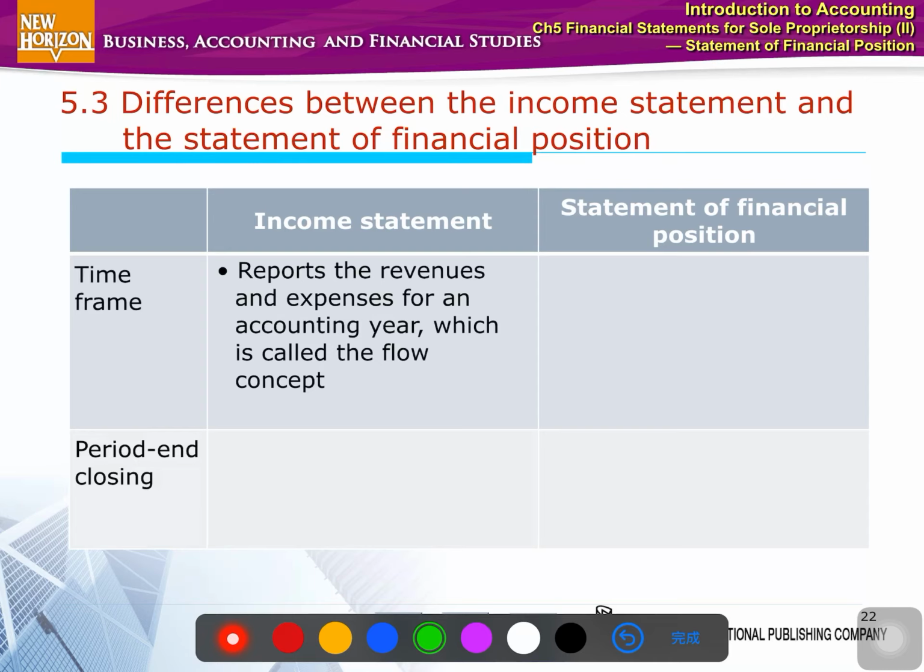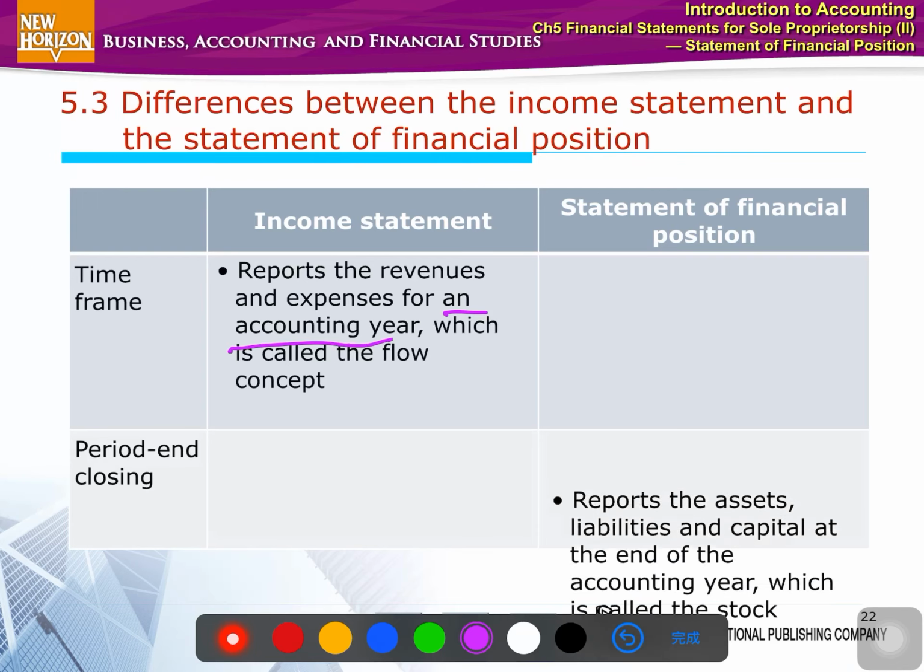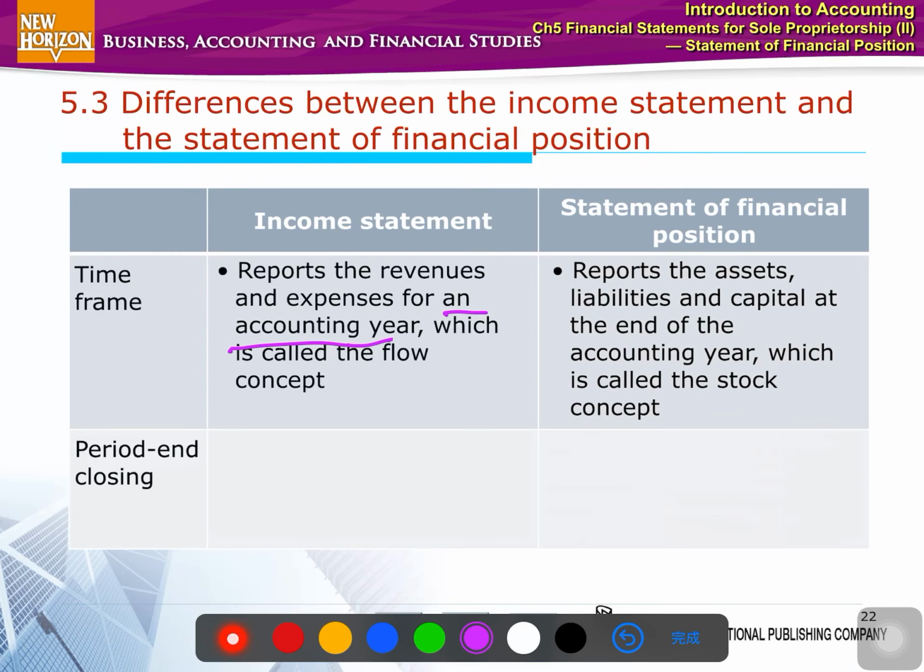Income statement reports the revenues and expenses for a whole accounting year. Statement of financial position only shows assets, liabilities, and capital at the end of the accounting year on 31st of December.